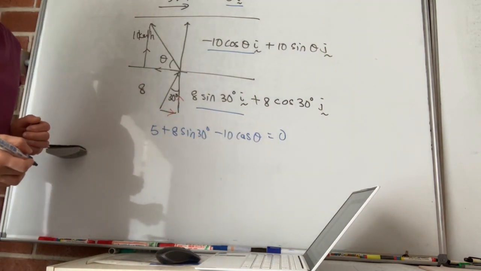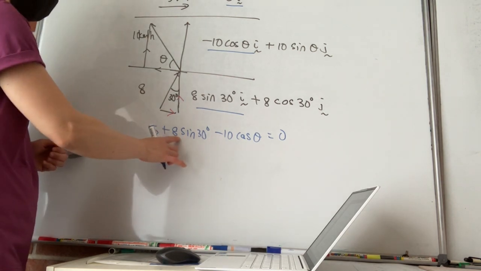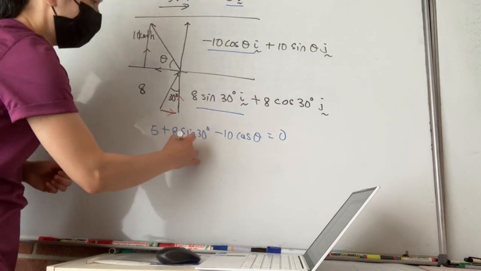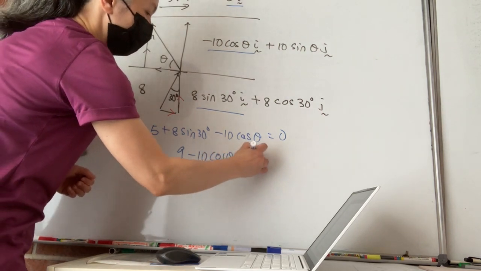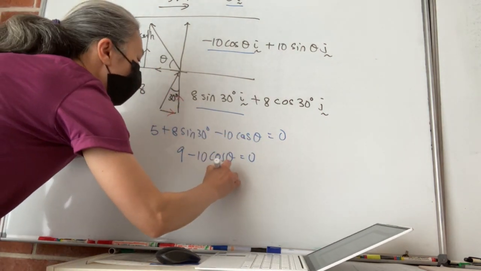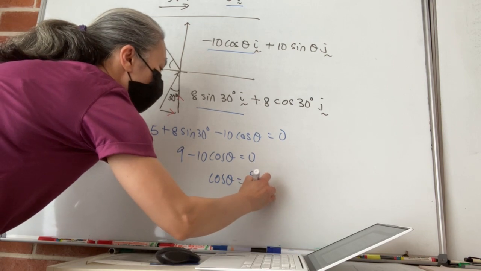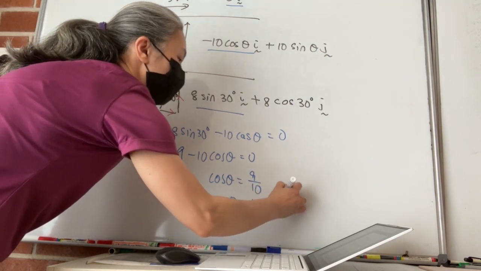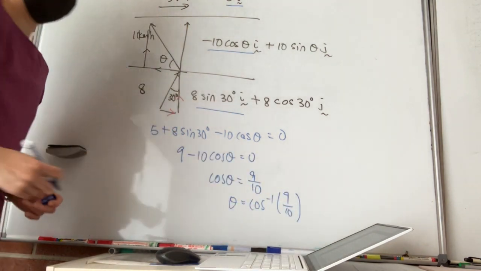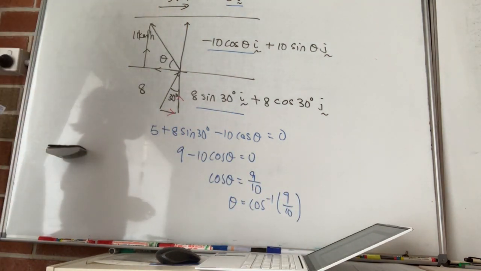And sine 30 is a half, so this is going to equal 4. So you have 9 minus 10 cos theta equal to 0, and therefore cos theta equals 9 on 10. And you're able to find out the theta. So that will be the angle that you should be traveling.